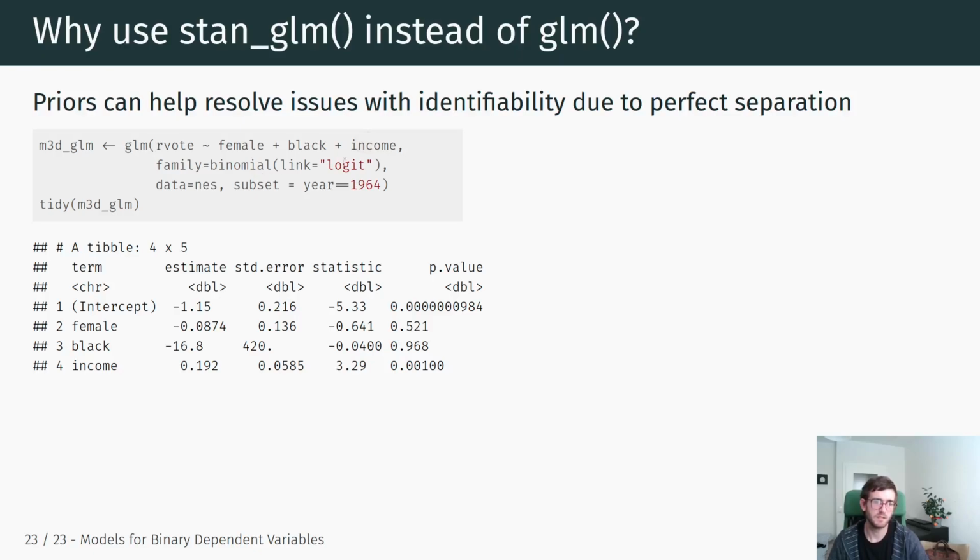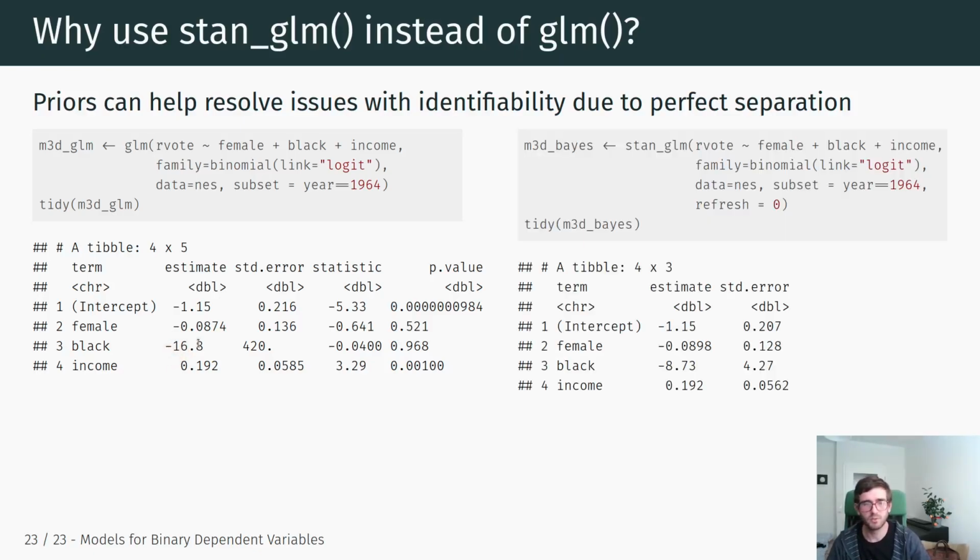We use a basic Logit model using GLM, and we'll see for race, African Americans, very large negative coefficients with a standard error of 420. Okay, so this is due to the fact that in this case, just due to the sample, maybe it was a small sample, maybe the nature of the election, none of the African American respondents in this sample actually voted for the Republican candidate. So basically the model breaks down, and we have a huge negative coefficient with a huge standard error.